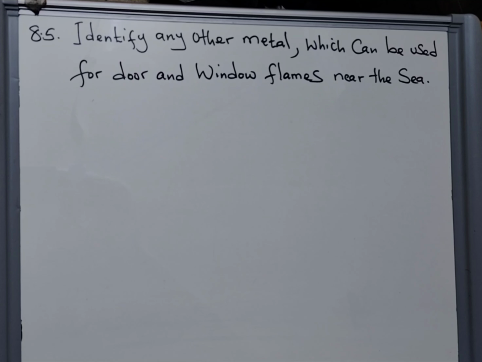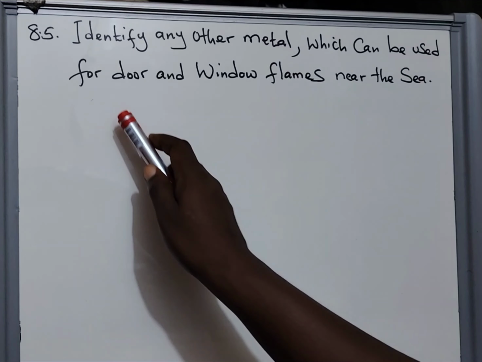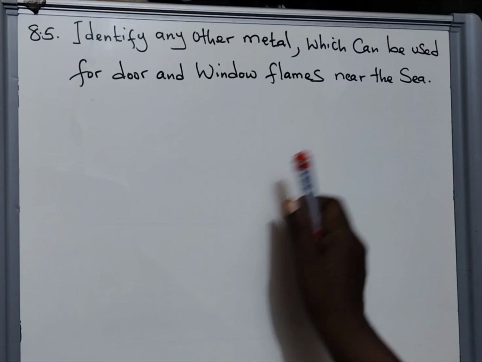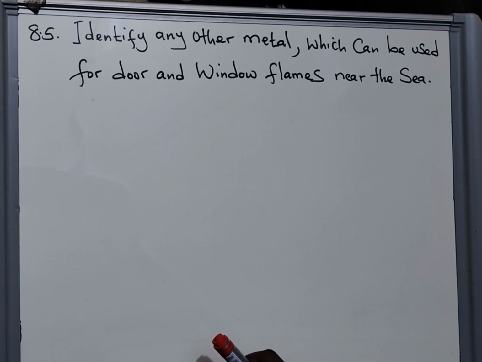Yeah, then comes this question. Identify any other metal which can be used for door and window frames near the sea. We have to remember that sea is associated with salt water, and we saw that salt accelerates rusting.